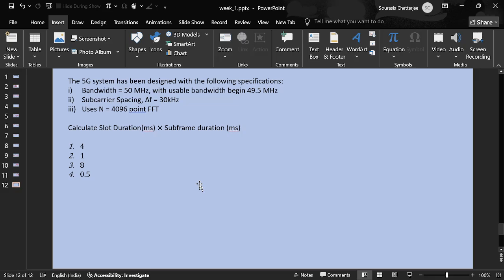The only thing that changes here is the subcarrier spacing, that's all. So what do you think is going to be the answer here? Anyway, your subframe duration is always constant no matter what. And what is going to be the slot duration here? 0.5. Correct. So effectively it's only 0.5. So the fourth one is the correct option.